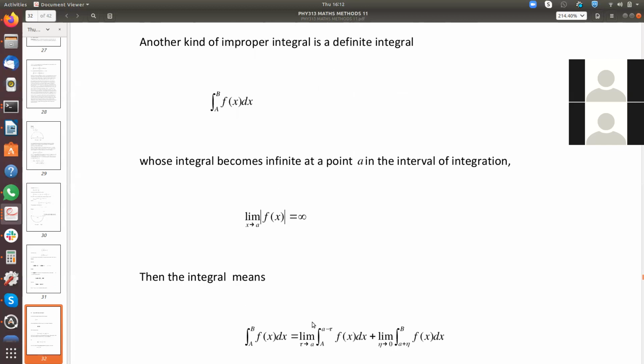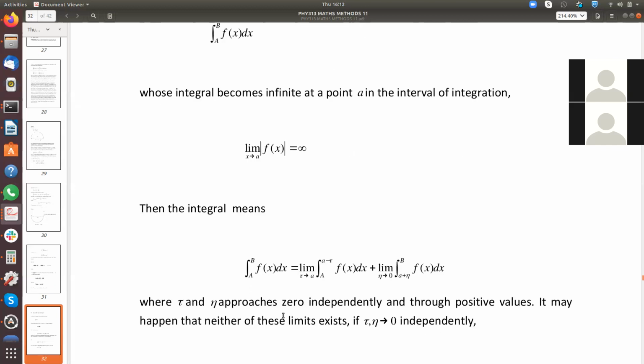That's an assumption. So for the integration from a to b, which we call the definite integral of f of x dx, we can split this into this.